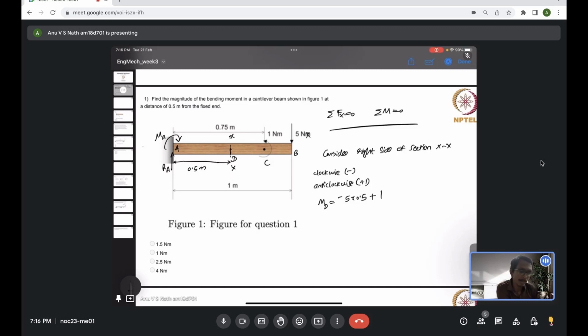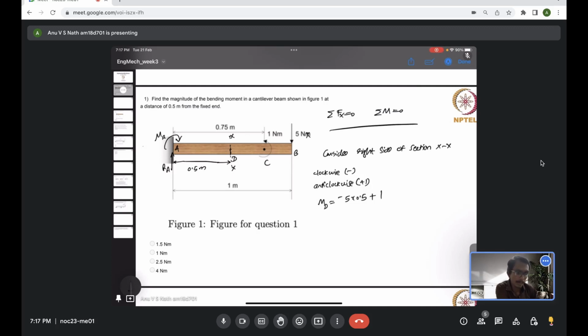If there is a force, the force multiplied with the moment arm from the location D to that particular force will cause a moment. That we already accounted. At location B we had a force and we multiplied with its moment arm, which is 0.5 meter. And at location C, which is actually 0.25 meter from the location D, the moment is already given.